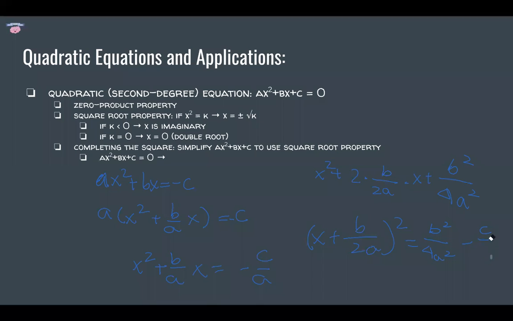And you can write this with the same denominator, which is 4a squared. We can write b squared minus 4ac over 4a squared.